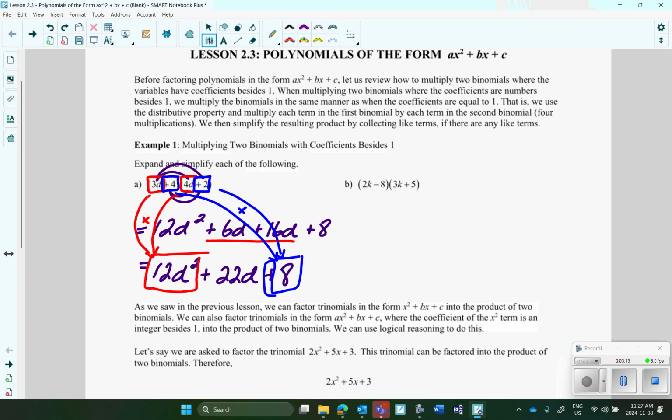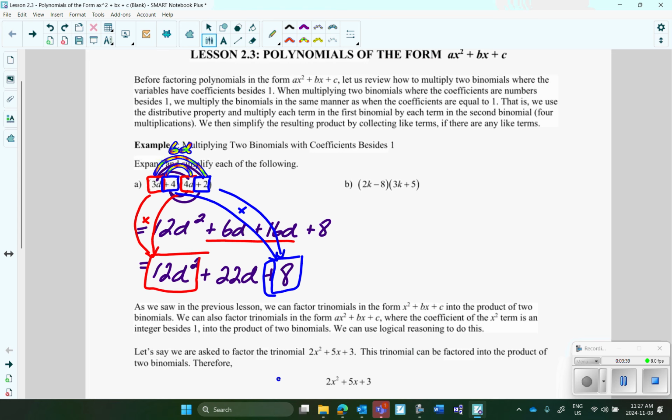The middle term will always be the outside terms multiplied, the inside terms multiplied, and added together. So notice we multiplied 3d times 2, we get 6d.